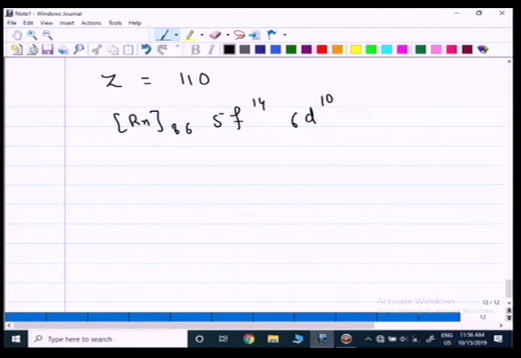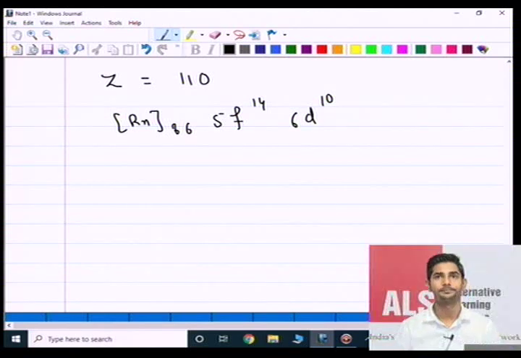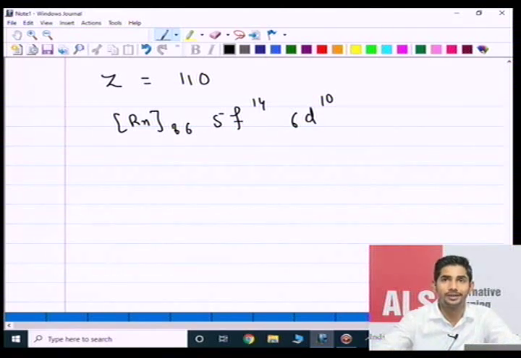How many of you have written the electronic configuration like this? Okay, very good. This time everyone is right. Okay, this is the configuration for this one. So guys, that's all about the electronic configurations. You can write the electronic configuration like this.